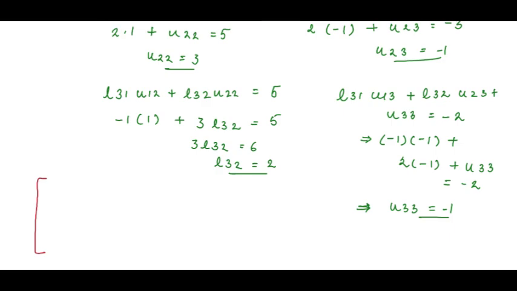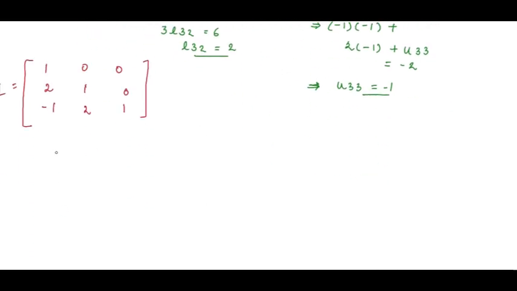Finally we get the L matrix as [1, 0, 0; 2, 1, 0; -1, 2, 1] and the U matrix as [2, 1, -1; 0, 3, -1; 0, 0, -1]. Now we have successfully factorized the matrix into the product of a lower triangular matrix and an upper triangular matrix.